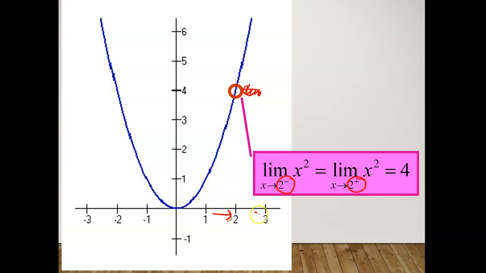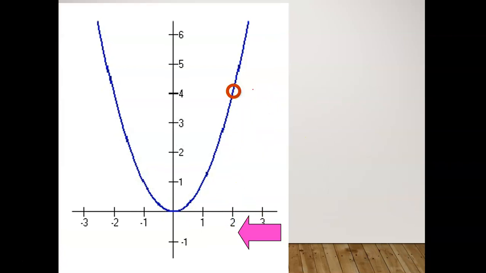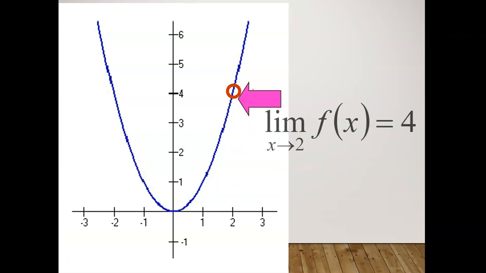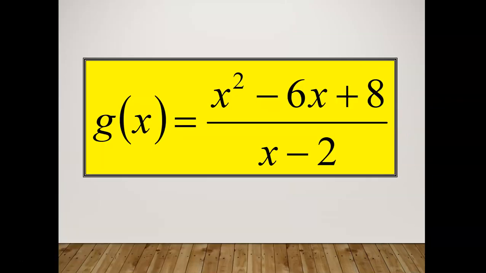If you can see this arrow, this is f(x) approaching 2 positive. But then this one is approaching from the negative side. And they meet at the same point, where f(x) equals 4. So we can say that the limit of x squared when x approaches 2 negative, from the left hand side, and 2 positive, from the right hand side, equals 4 because they meet at the same destination. So we can say that the limit as x approaches 2 equals 4.